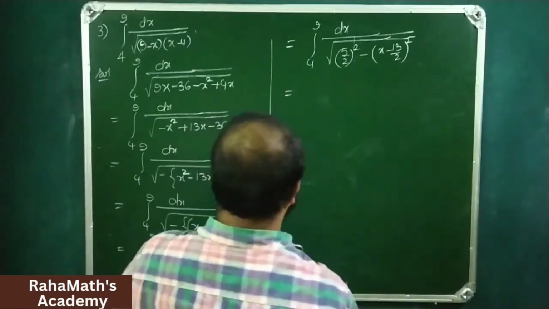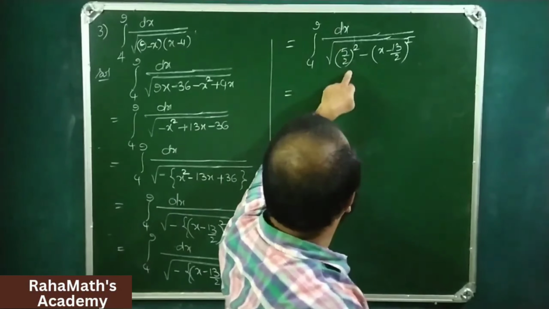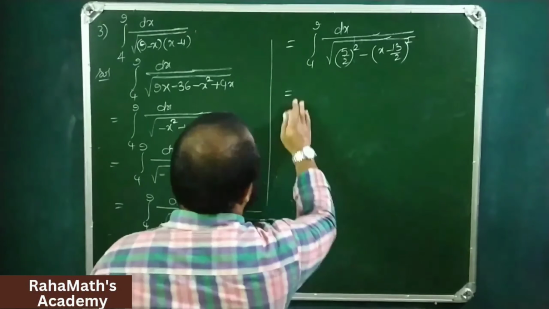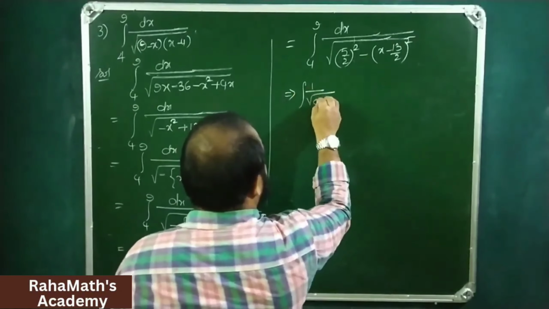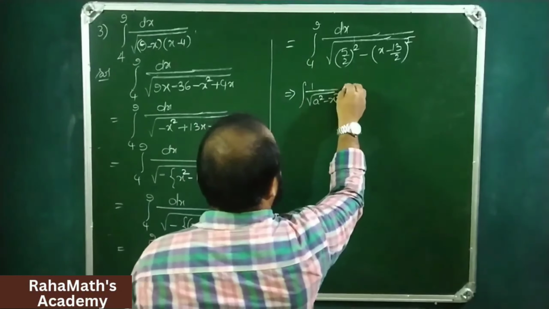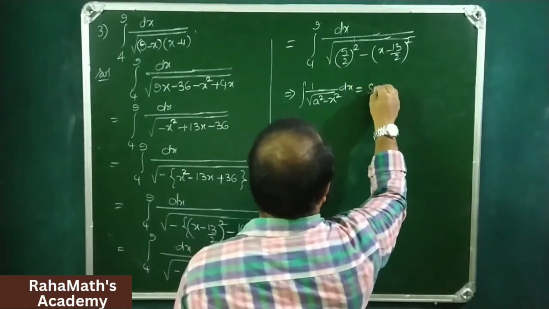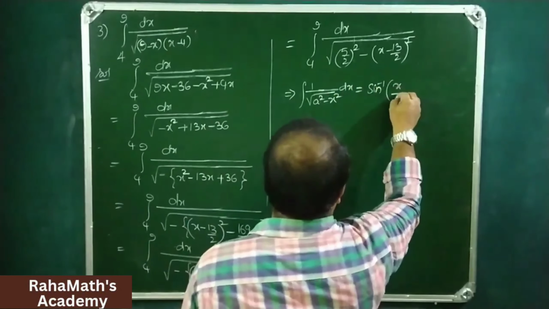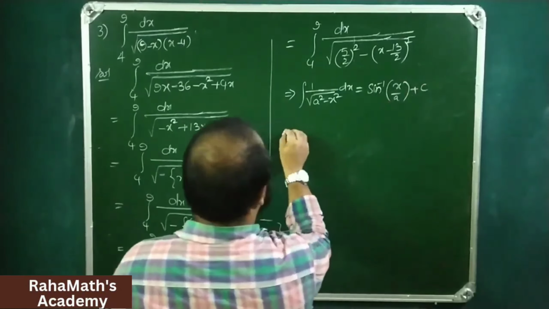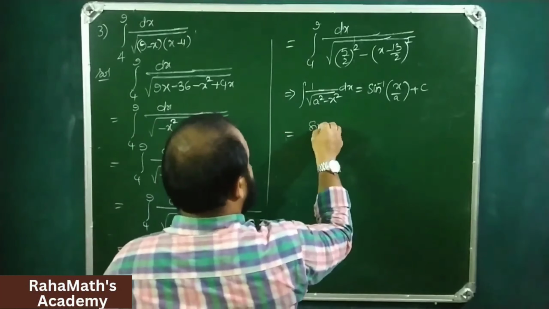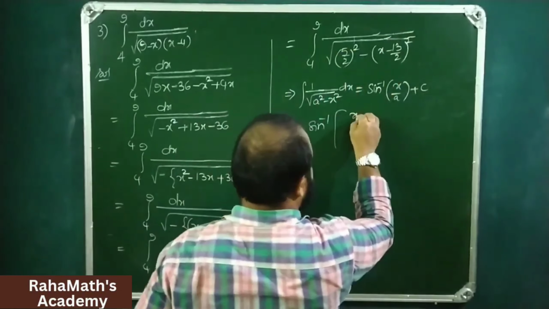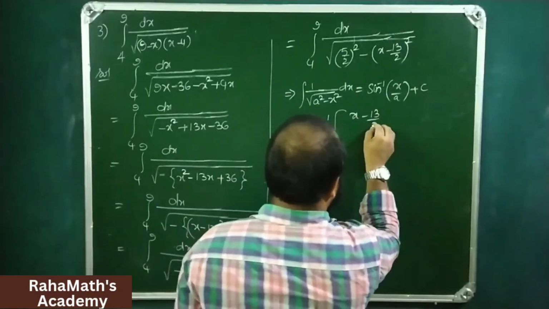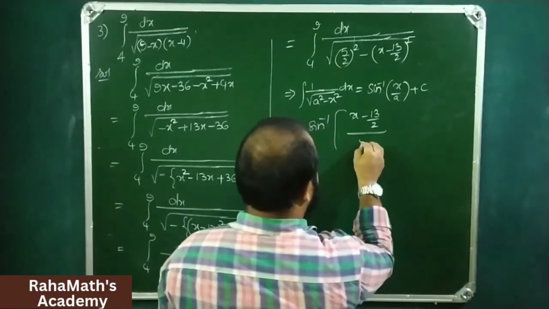This is integral 1 by root of a square minus x square dx. So we have 1 by root of a square minus x square dx is sine inverse x by a plus c. Similarly here, sine inverse of x minus 13 by 2, by a, 5 by 2.